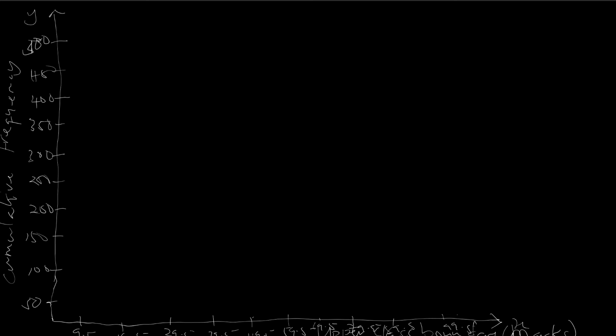So when our cumulative frequency is 10, our upper class boundary is 9.5. So we have this. When cumulative frequency is 38, our upper class boundary is 19.5. So 38 should be somewhere here.